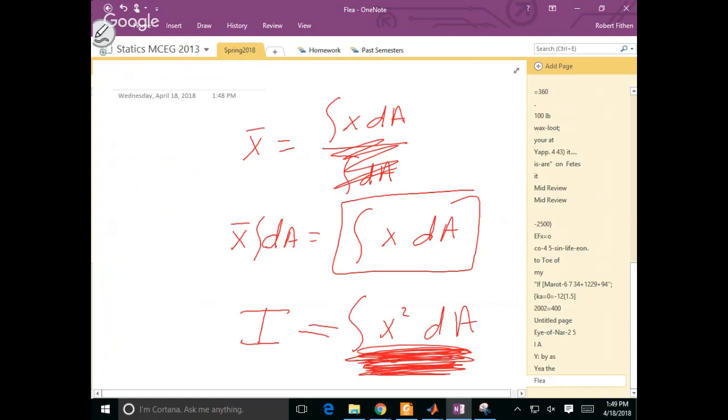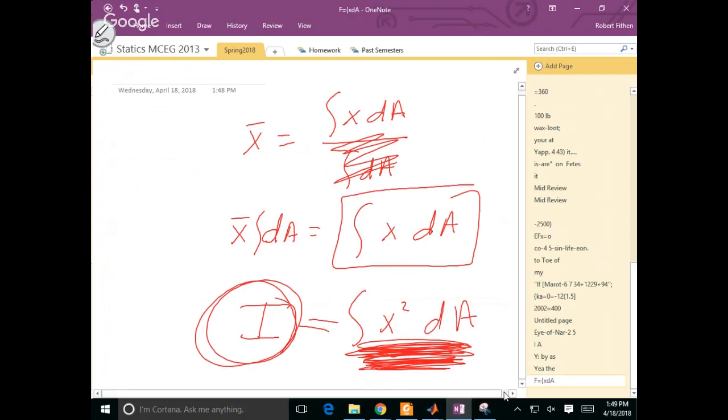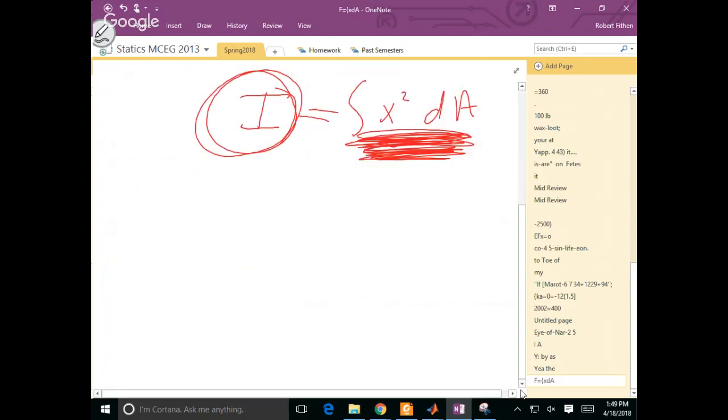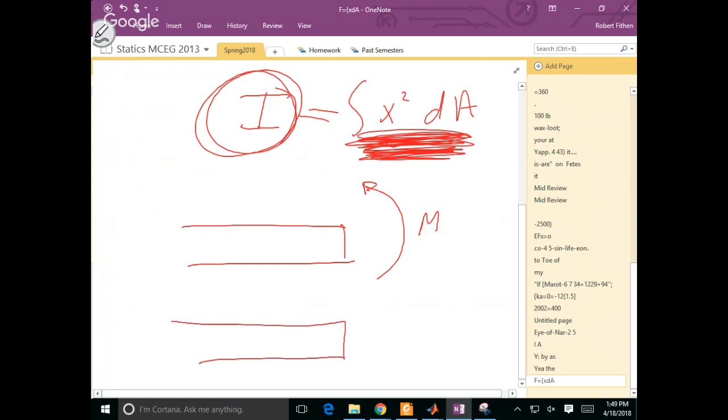The reason this comes into play is this term right here becomes very important. And let me give you a context where it becomes important. If I can scroll down. If you're looking at a beam and you have a big moment on it, this is the same thing as saying I have a stress diagram that's like this.